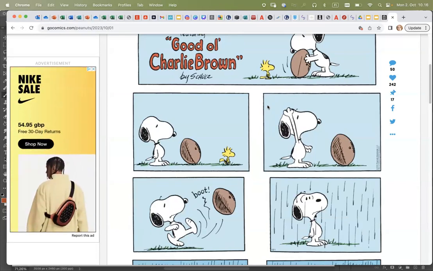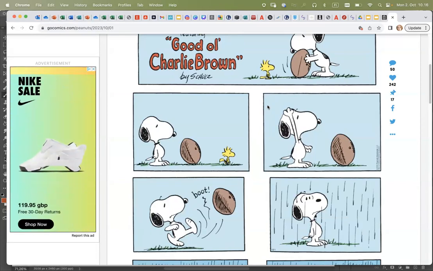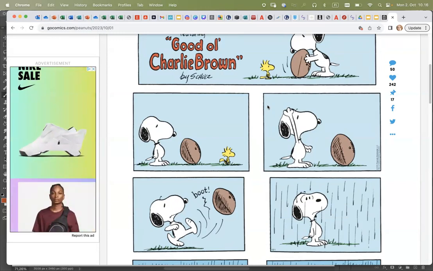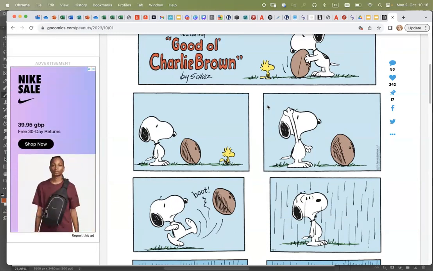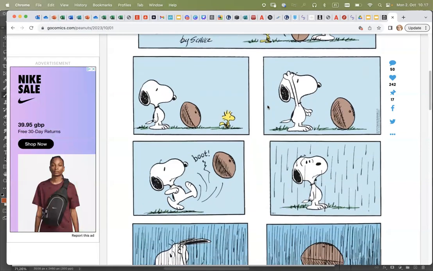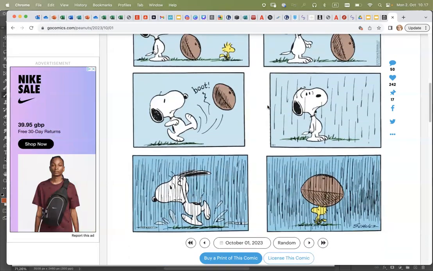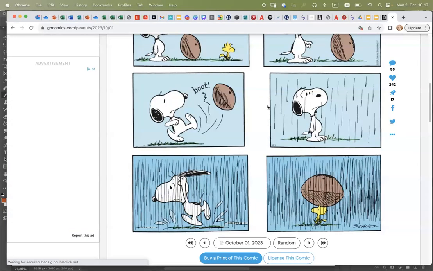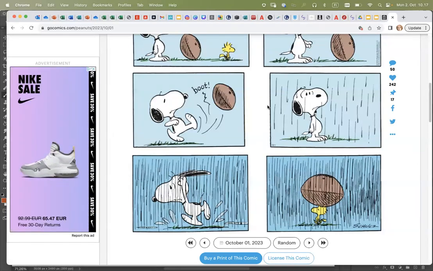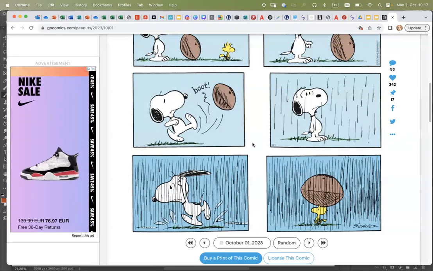But it sometimes also happens that Woodstock, who has bird friends, that they sometimes come as a big group to Snoopy's house and take it over to play games, which annoys Snoopy. But then sometimes Woodstock acts as Snoopy's secretary when Snoopy's writing his novels.